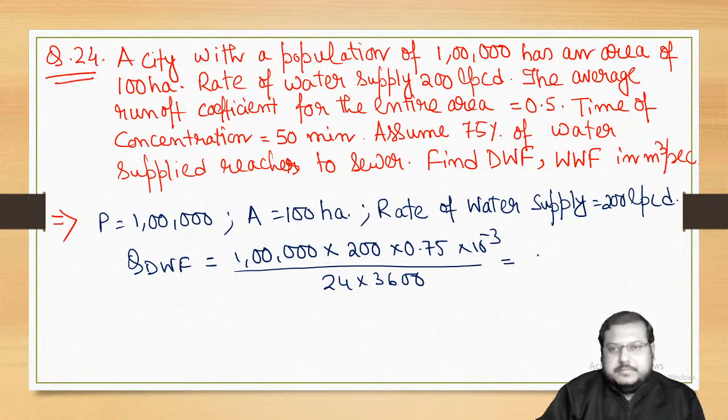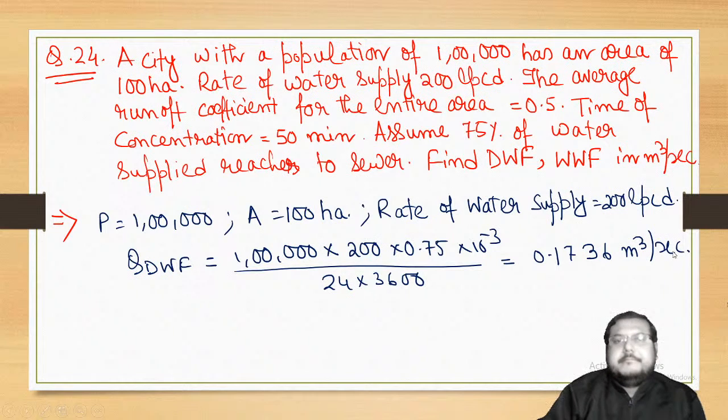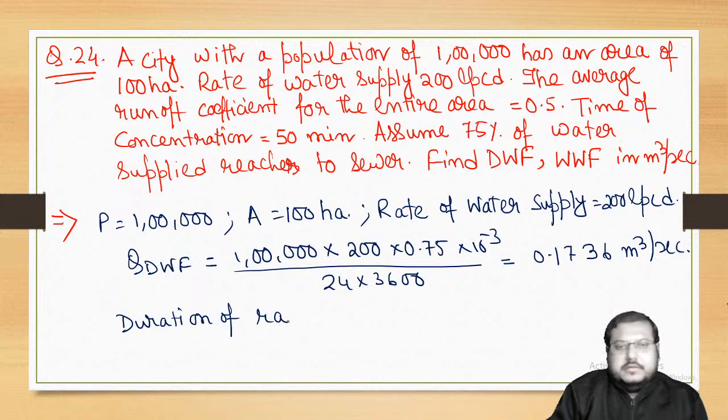It will come as 0.1736 meter cube per second. Then duration of rainfall is not provided, so duration of rainfall will be nothing but the time of concentration.